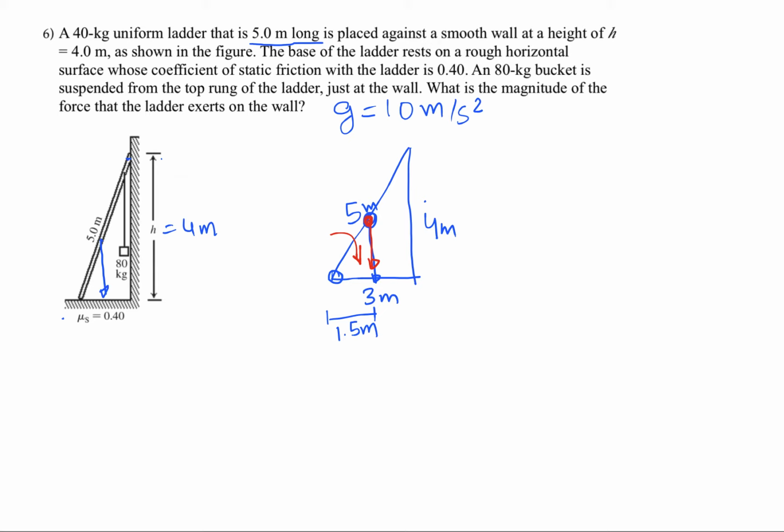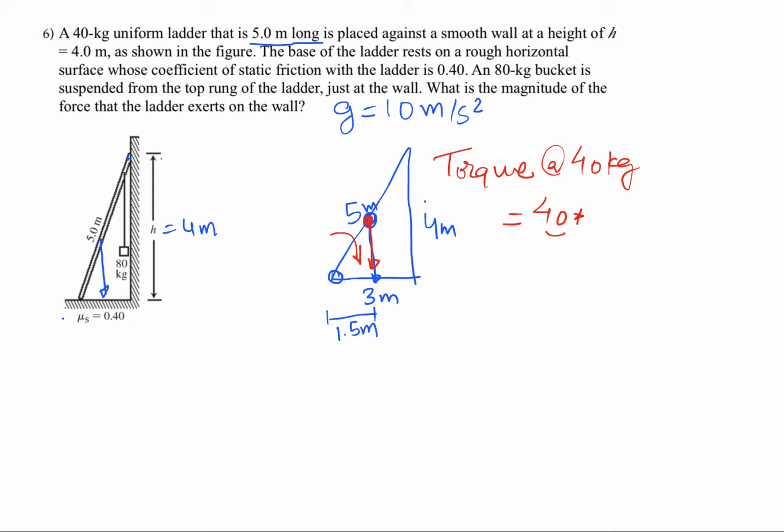is given by, let me call that tau 1. If the weight acting over here is 40 kilogram, then the torque due to 40 kilogram is given by the force, which is mass times g.